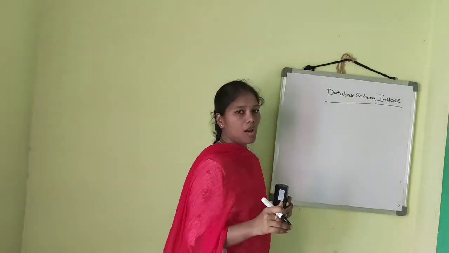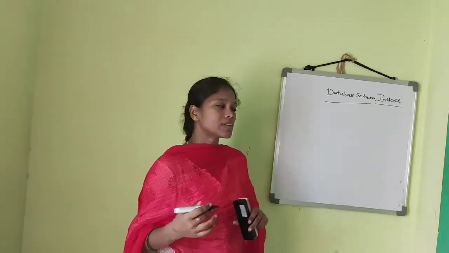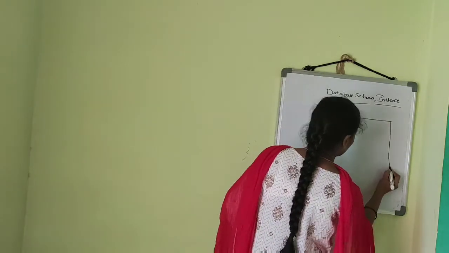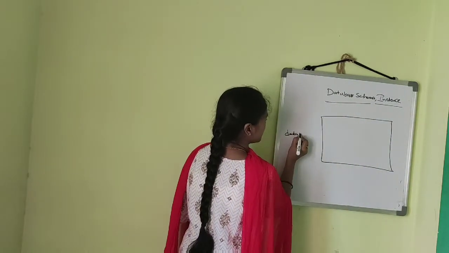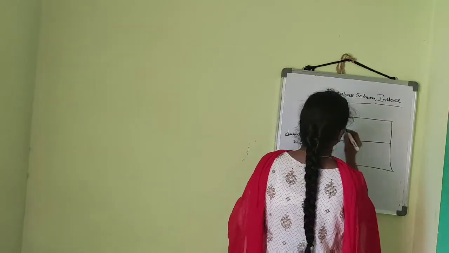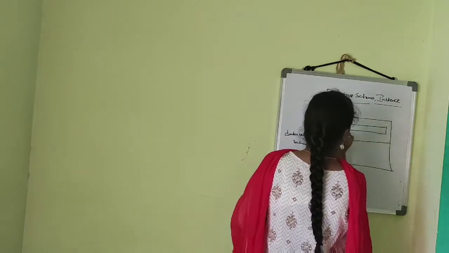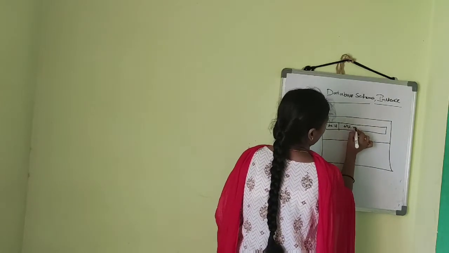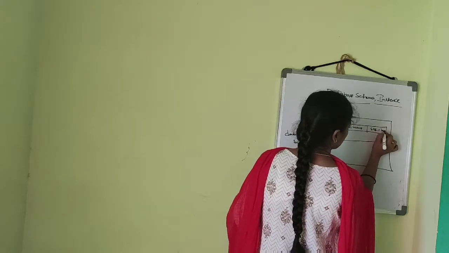So in the database schema we have two types, that is physical schema and logical schema. I will show you the diagram of the physical schema and the logical schema. This is the database schema. Here student ID, student name, student class.